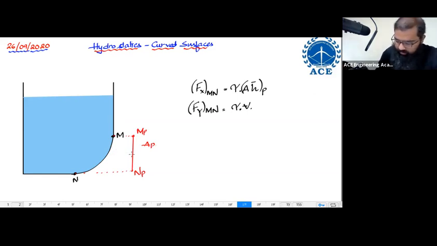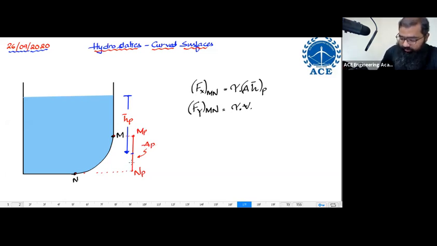Let us say the center of this area is somewhere over here. So from here, if I measure a distance vertically down till here, let us say this distance is representing your h bar of projected area. Fine. This is your projected area. This is the h bar of projected area.